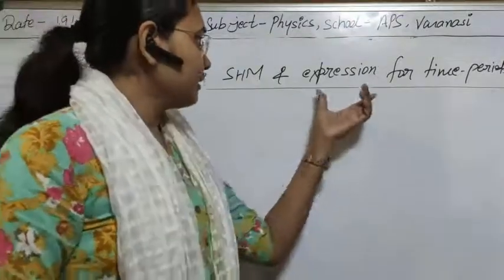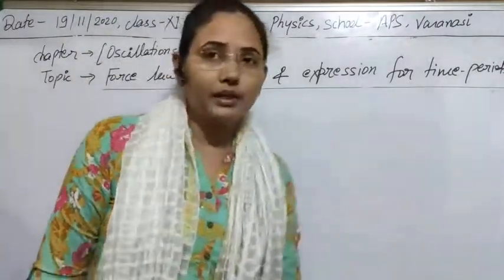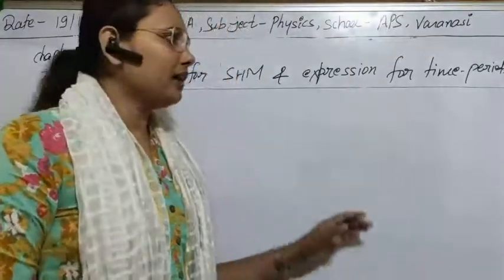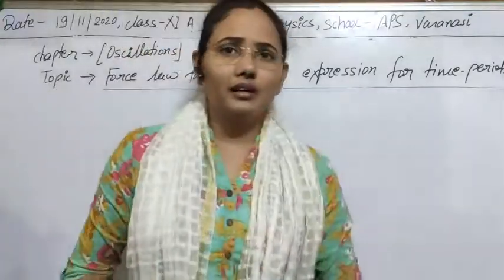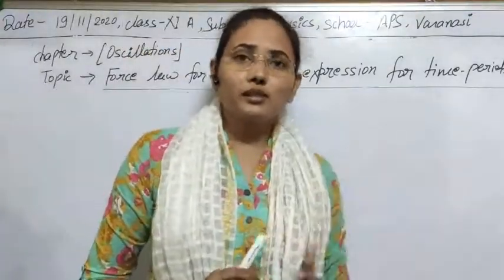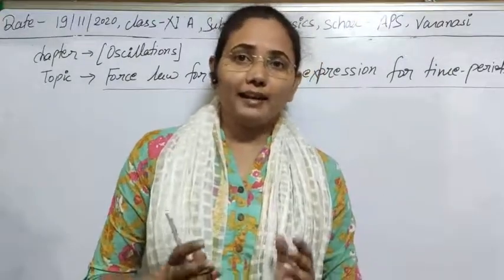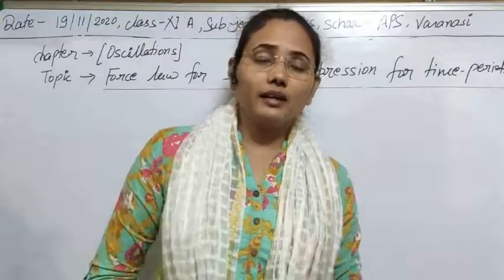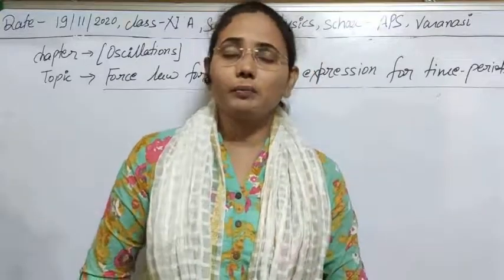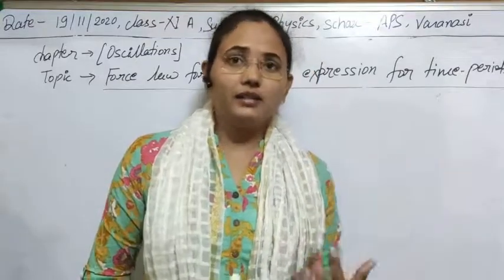The next topic is the expression for time period. As we have calculated a number of quantities by using the displacement equation of simple harmonic motion, like acceleration, velocity and time period, and also energy and other things.